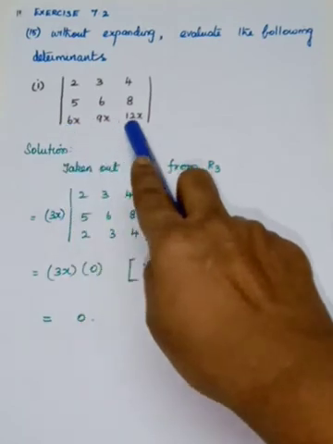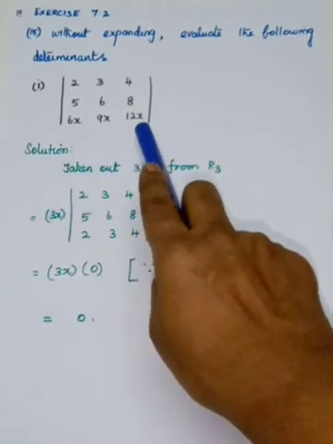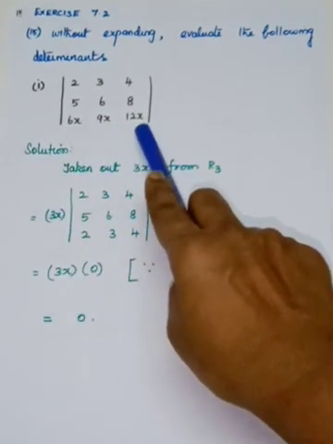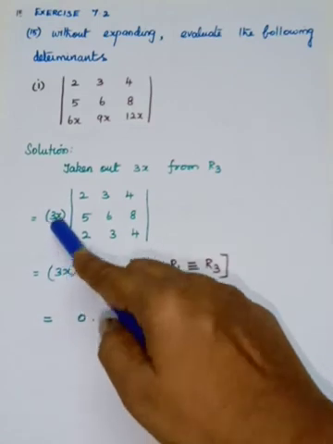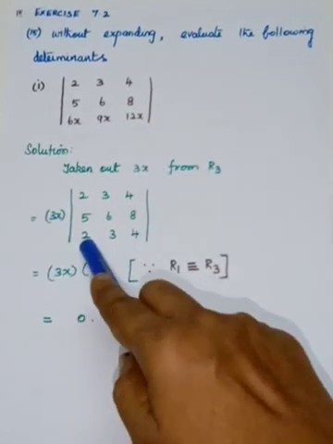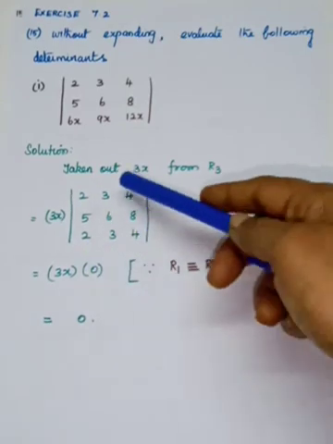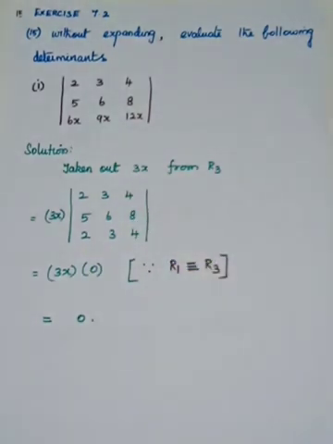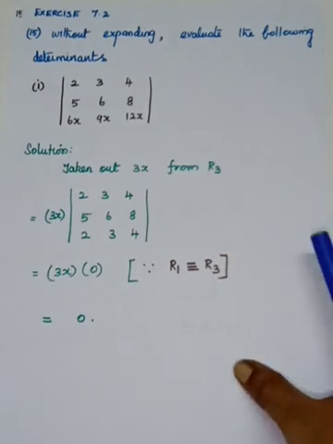Each and every element of this row is multiplied by 3x, so 3x is common and is taken out. Here you will get 2, 3, 4. So the first row and the third row are identical, and the value of the determinant is equal to 0.